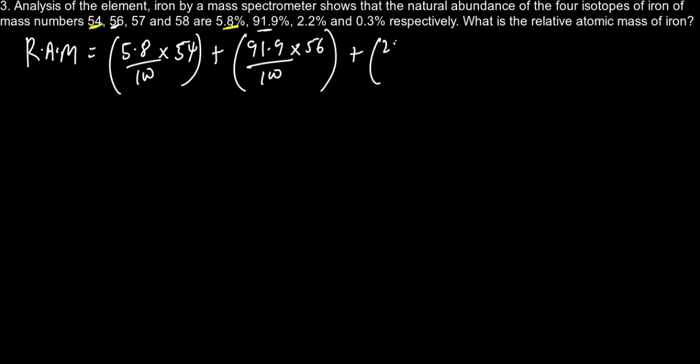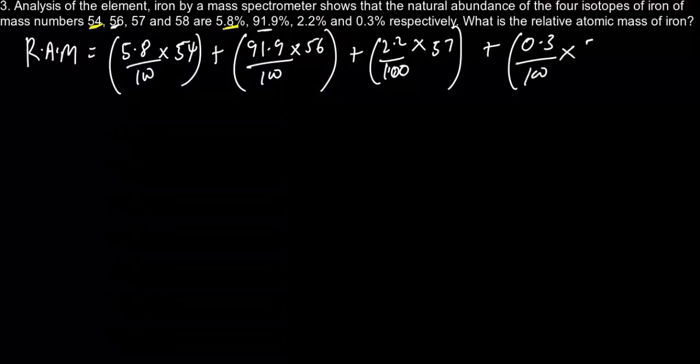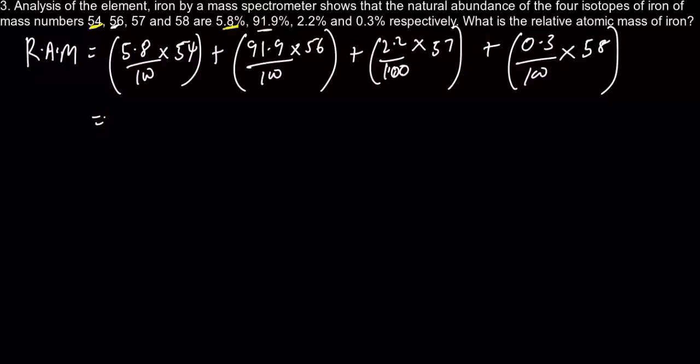For the third one, similarly 2.2 over 100 times 57 plus 0.3 over 100 times 58. And that is it. So for the first one, 5.8 times 54 divided by 100 will give me 3.132.